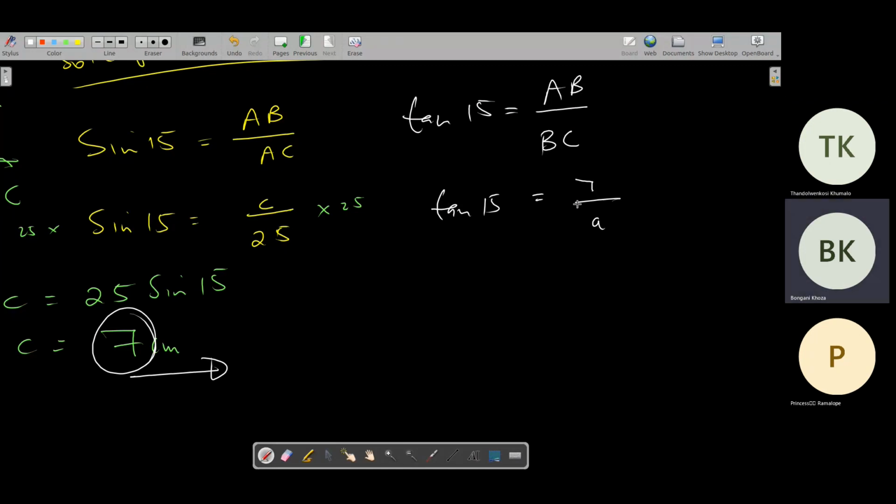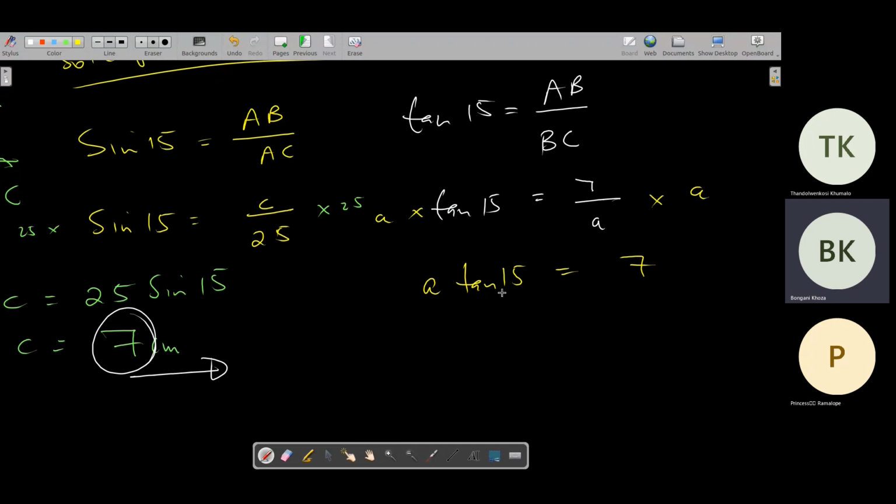Right. So now we have to make A the subject of the formula. If we want A out of the denominator, it's the same thing we did before: multiply by A on both sides. Are we okay? So now we end up with A tan 15 equals 7.